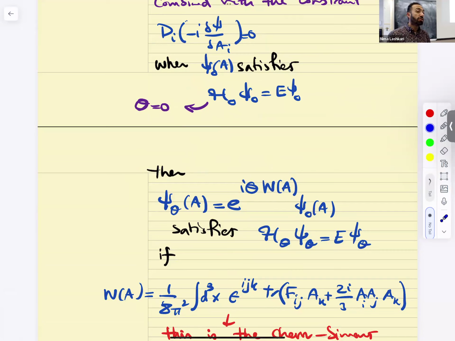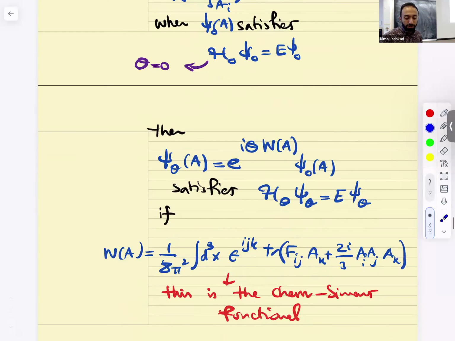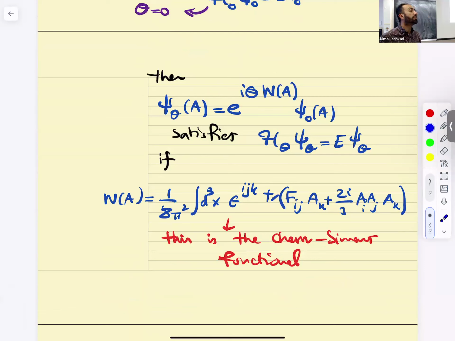So the wave function that solves the Schrodinger equation with theta non-zero is a phase multiplying the one with theta equals 0. Now, what is that phase? This is a functional of A. What is that functional? This is the Chern-Simons functional.